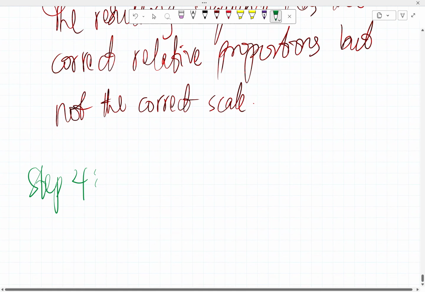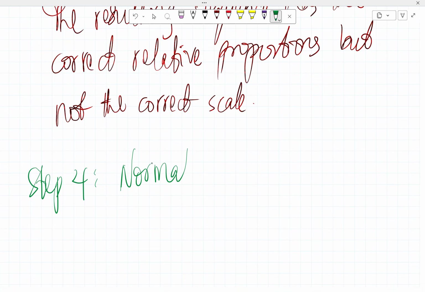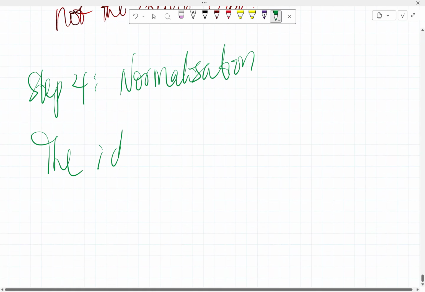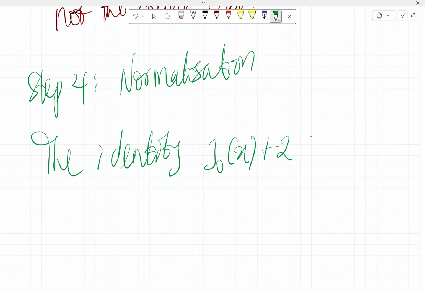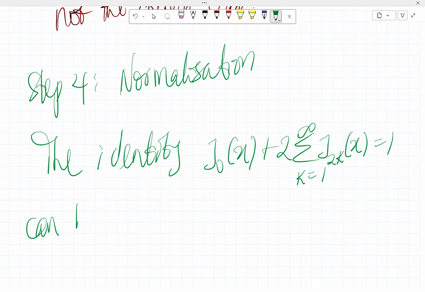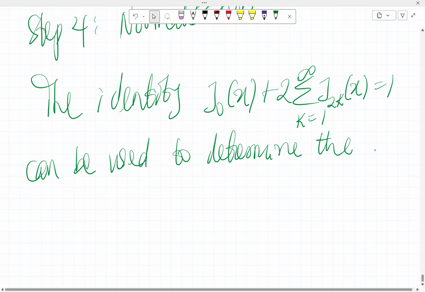So in step 4 now, we can talk about normalization. So the identity J naught of x plus 2 summation k equals 1 to infinity of J sub 2k of x is equal to 1 can be used to determine the normalization coefficient.